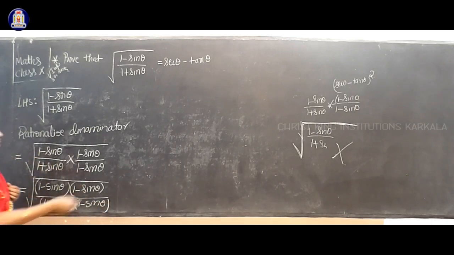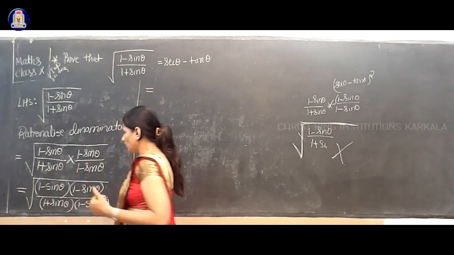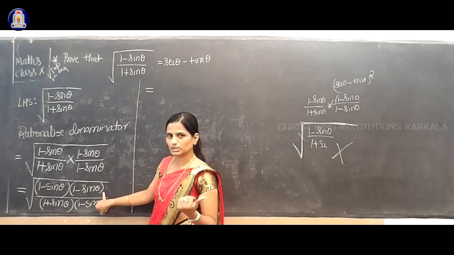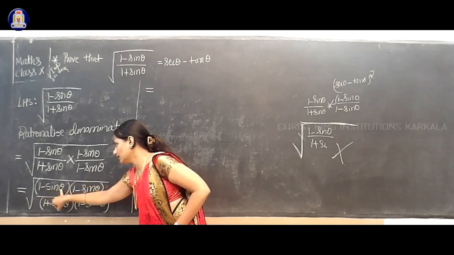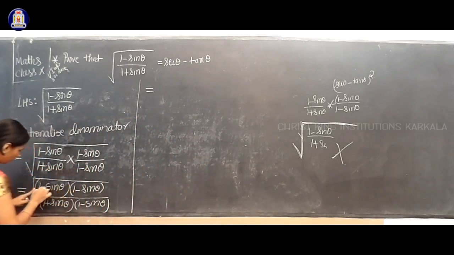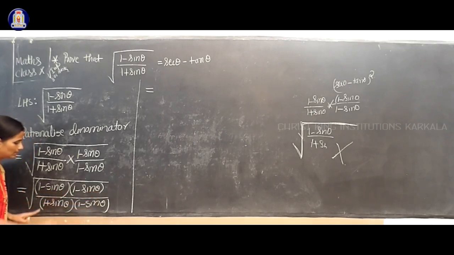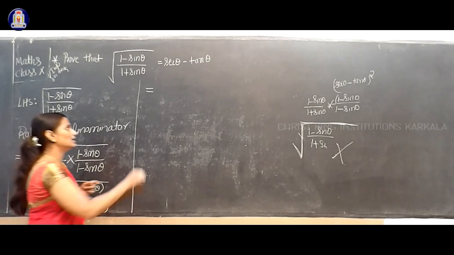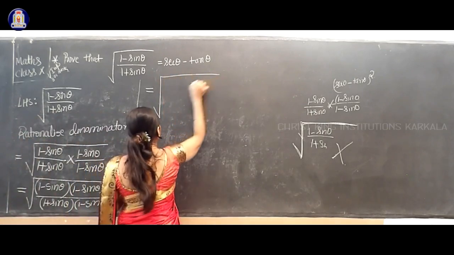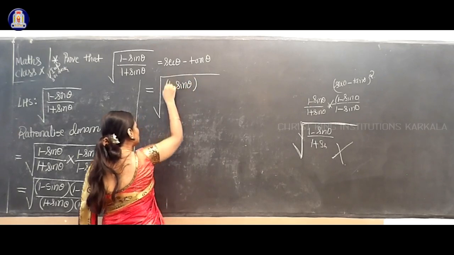So now the next simplification. What we use for this type of question is a into a. See, this first bracket is 1 minus sin theta, the second is also 1 minus sin theta. That means a into a is a square, so it is 1 minus sin theta whole square.